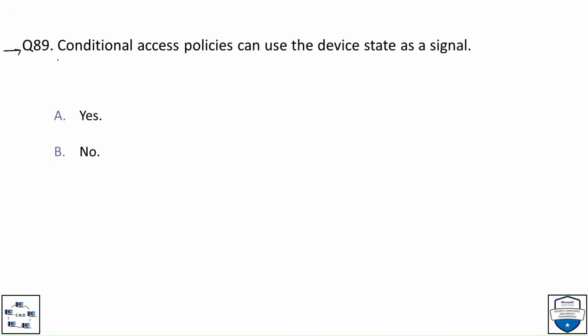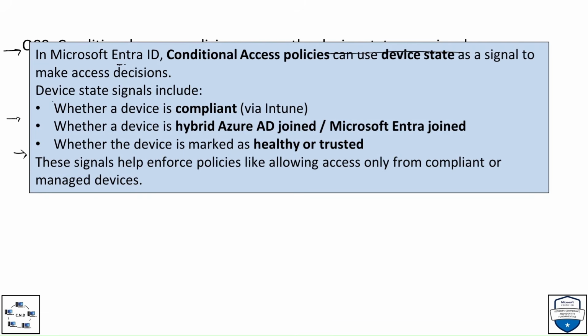Question number 89. Conditional access policies can use the device state as a signal. The options are option A, yes, and option B, no. The correct option is option A, yes. Conditional access policies can indeed use the device status as a signal. In Microsoft Entra ID, conditional access policies can use device state as a signal to make access decisions.